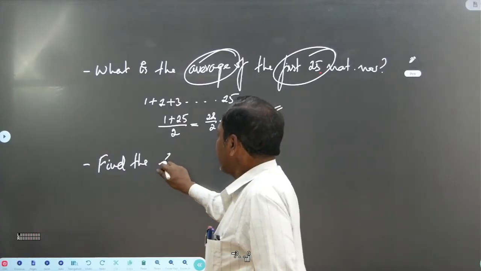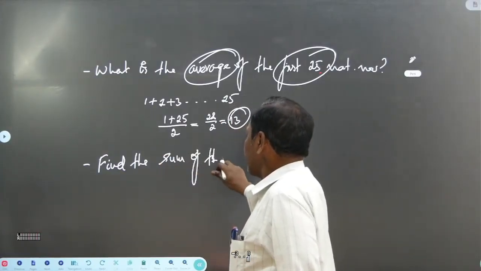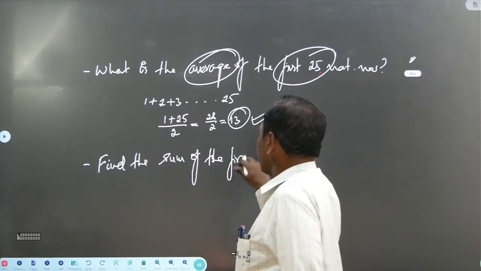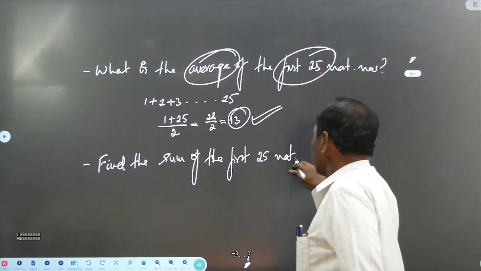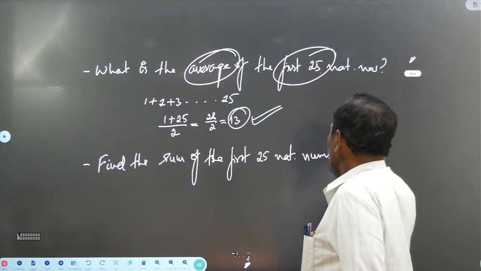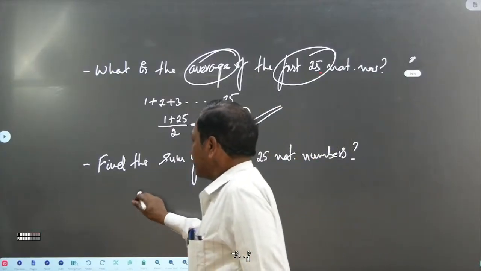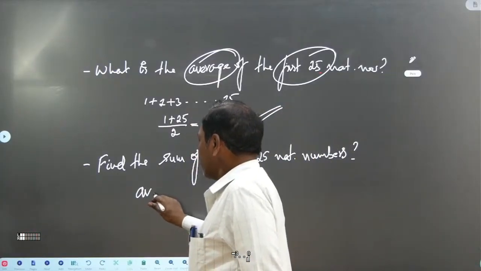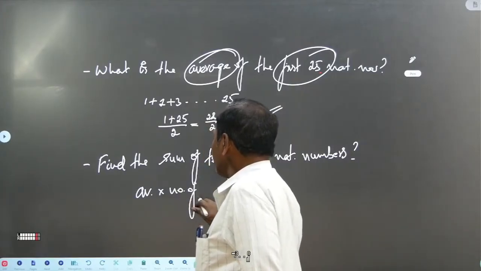Find the sum of the first 25 natural numbers. Right. It means average into number of observations.